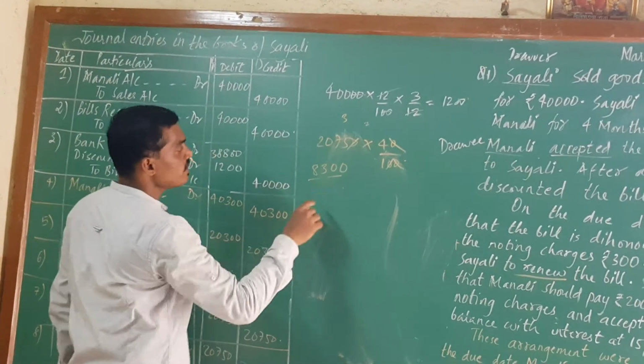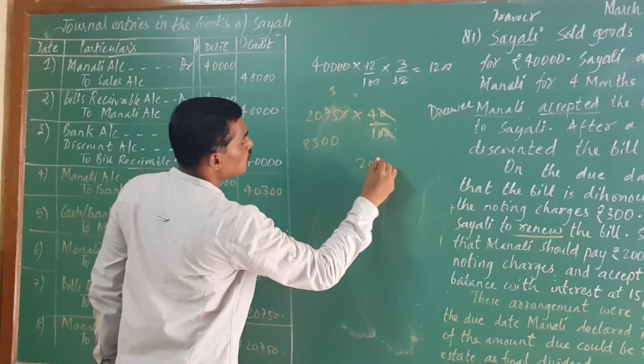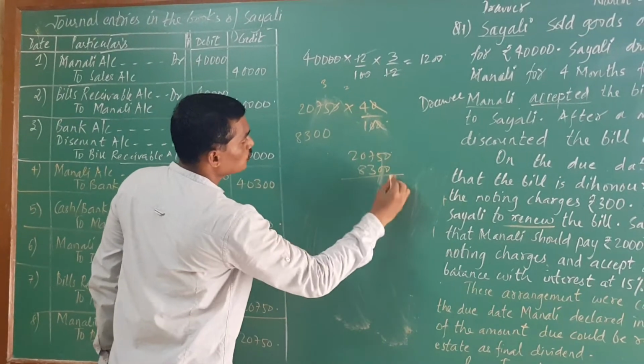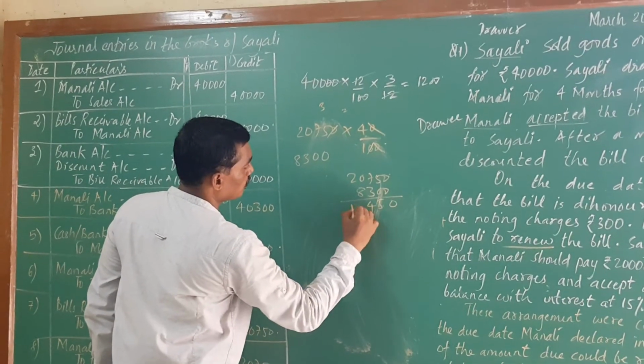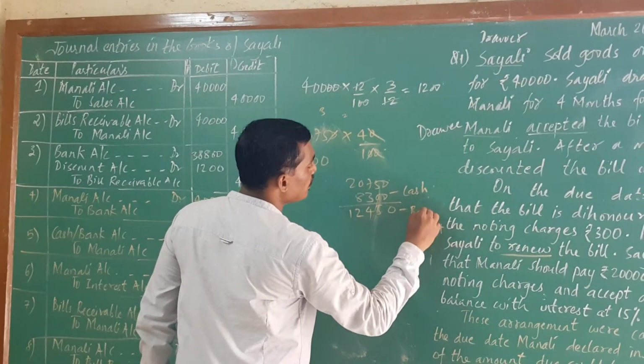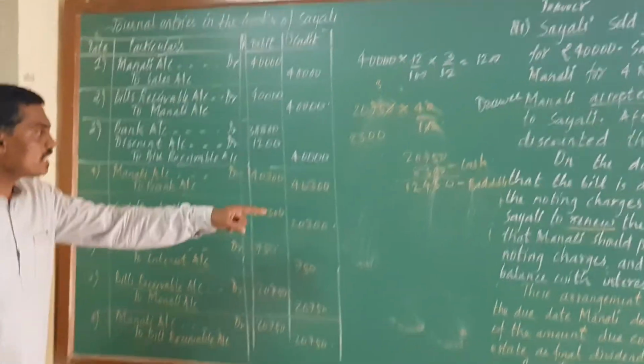So 8,300 we are getting as the 40%, and the remaining, 12,450, is the bad debts. This is the cash received, and this is the bad debts which we are not receiving because of the insolvency.